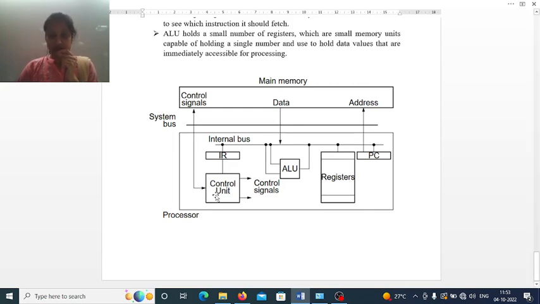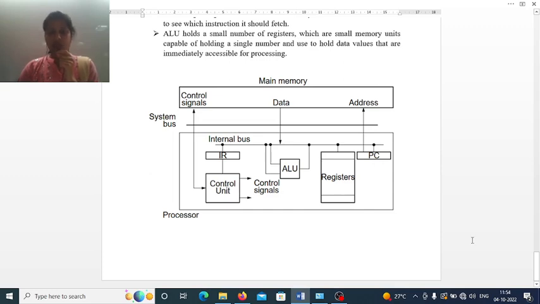which is to be fetched through the control unit. Then the instruction gets decoded and processed by the arithmetic logic unit, by using some registers which are used to hold the data values that are immediately accessible for processing. And in this way, the instruction is executed in a fetch, decode and execute cycle.